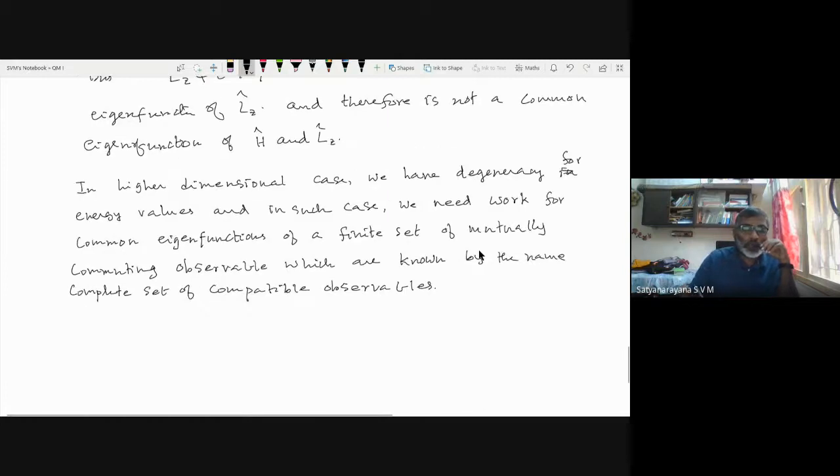Complete set of compatible observables is generally written in shorthand as CSCO. So here the Hamiltonian and Lz is the CSCO.